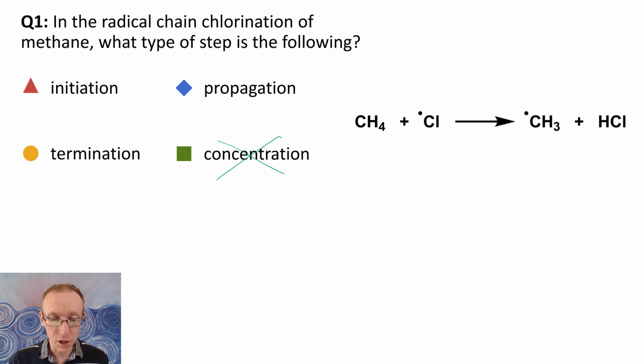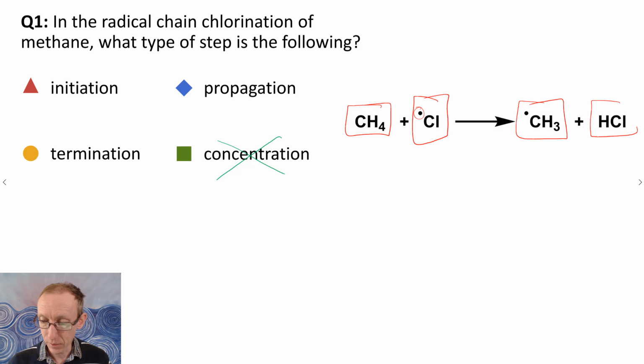So in the radical chain chlorination of methane, what type of step is the following? We've got a molecule of methane reacting with a chlorine radical, and you can tell it's a radical because of this dot that stands for an unpaired electron. On the right hand side of the reaction arrow, there is a methyl radical, CH3 dot, and HCl.